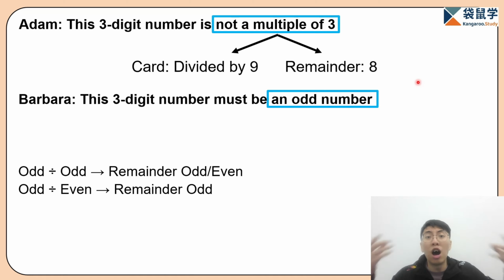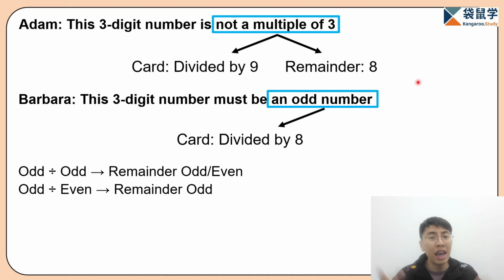I see that when an odd number is divided by an even number, the remainder must only be odd. And now we realize that helps us see what card Barbara got, which is definitely the only number that is even, and that is divided by 8.